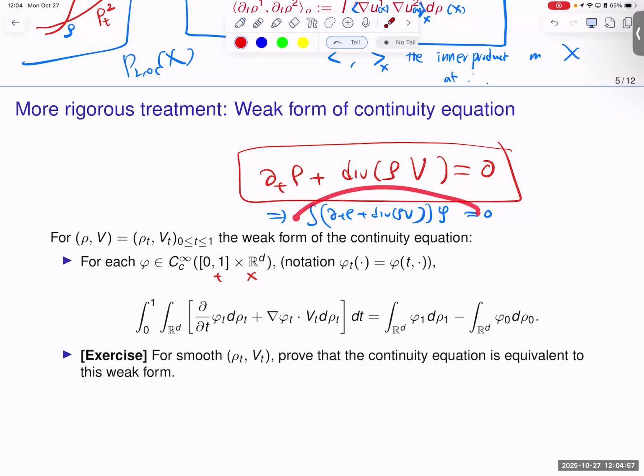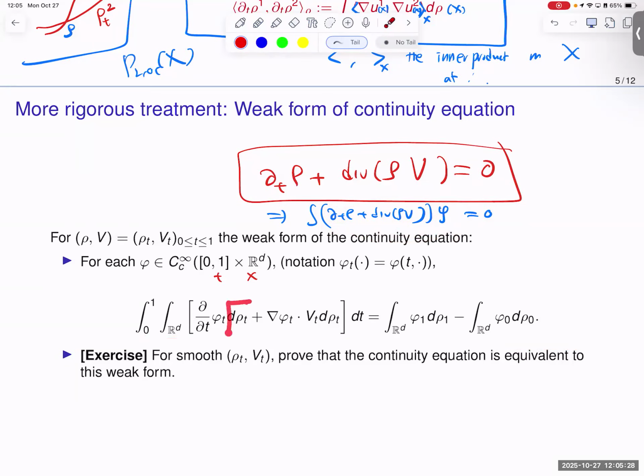And then if this is smooth, then you can move these derivatives to the right hand side. Then the remaining expression on the left hand side has, in this case, no derivative. You can just move this derivative using integration by parts to this test function, which is smooth. That's what happened here.